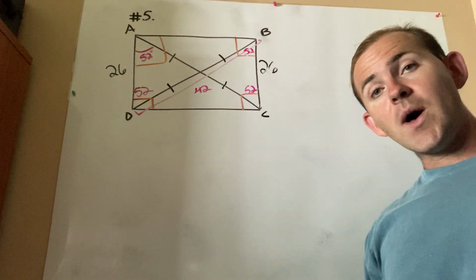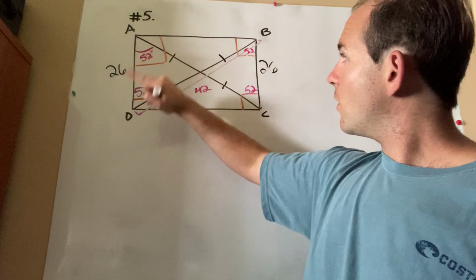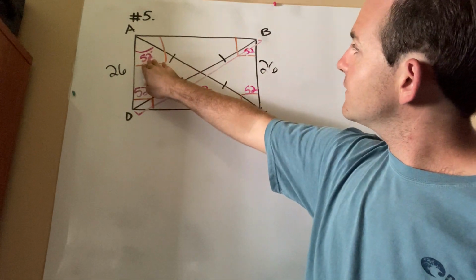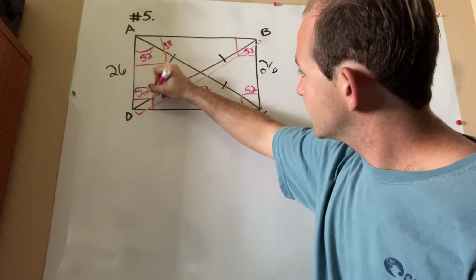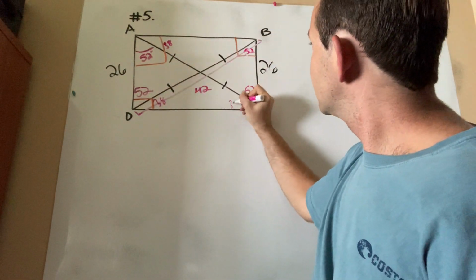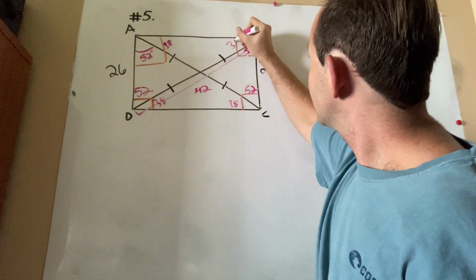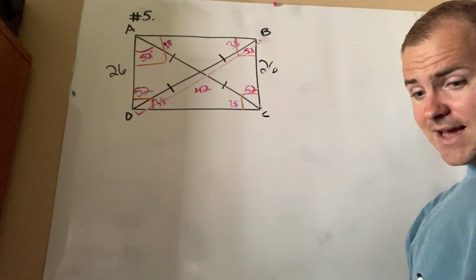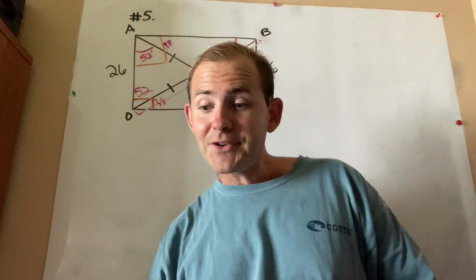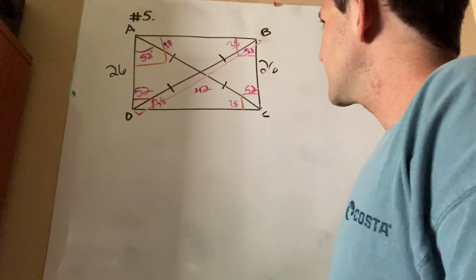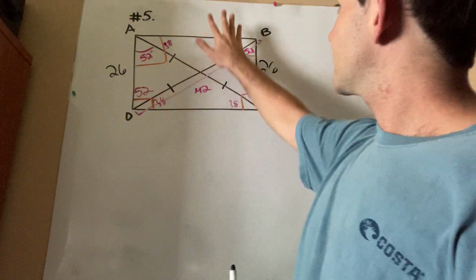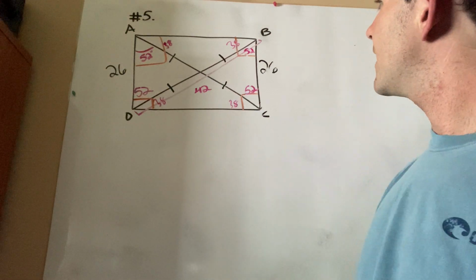Because there are 90 degrees in total and I've already used 52 of them, that leaves 38 degrees for each of the other ones. So I've filled in just about everything I need from my diagram. The only thing missing is this side length over here, and we're going to talk about that in just a second.